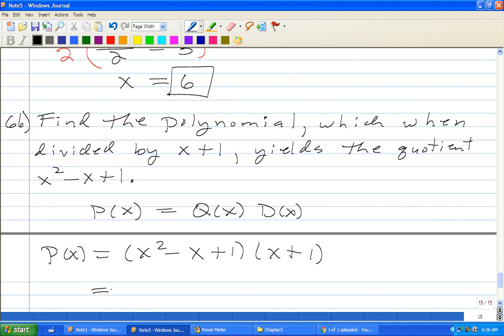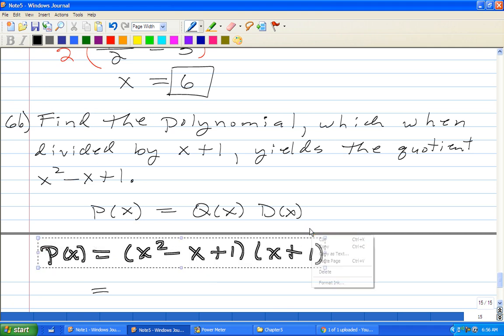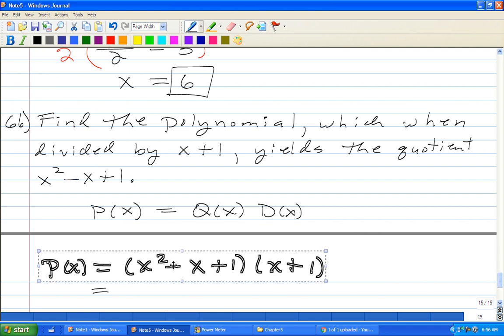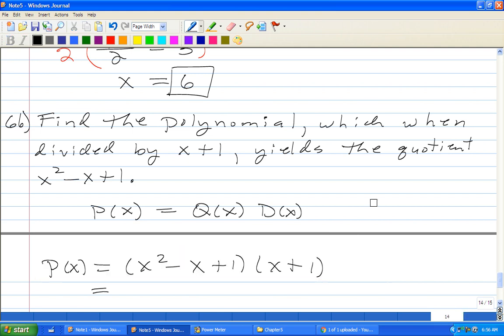So let me multiply this out. Let me use the distributive property to simplify this. Multiply by x squared, negative x, 1.